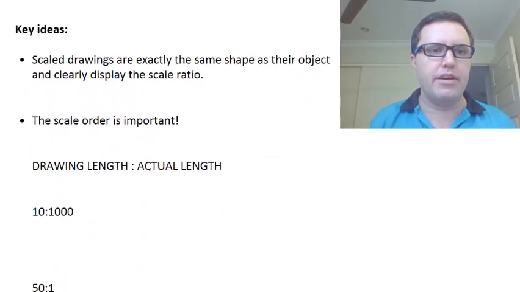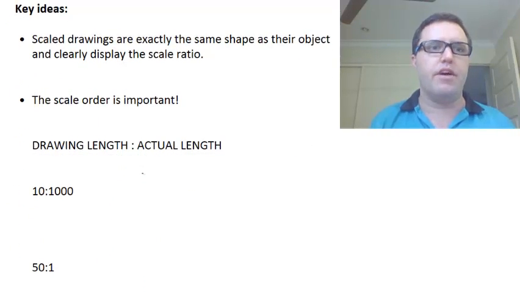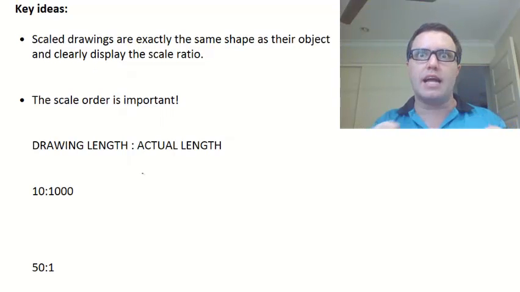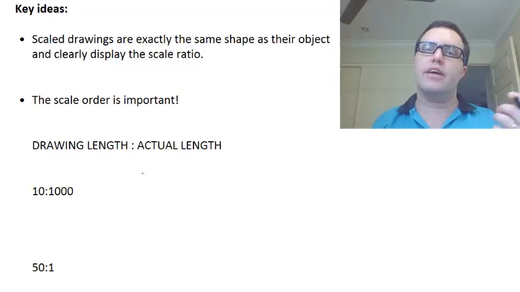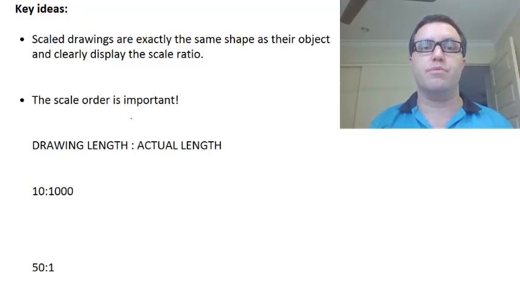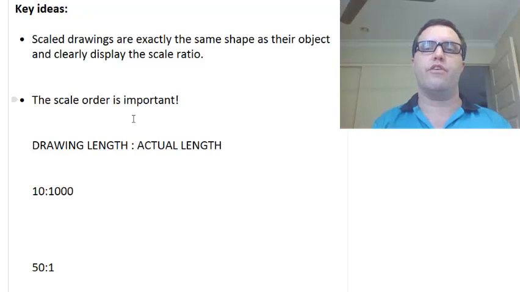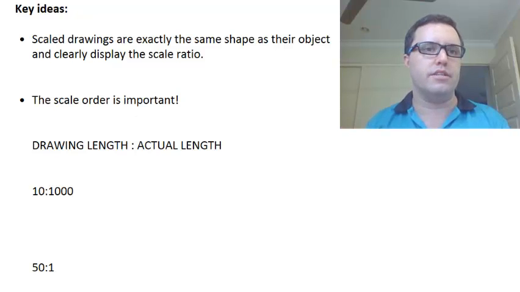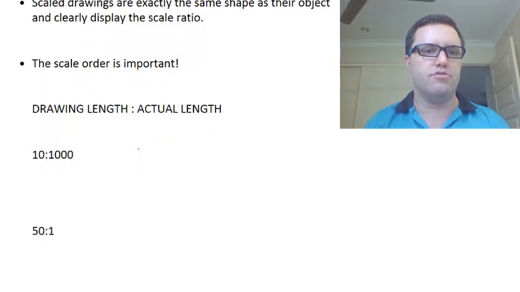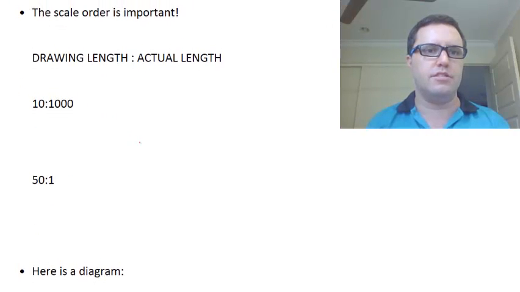Okay, some key ideas to think about. First, scale drawings are exactly the same shape as their object, and they clearly display the scale ratio on them, which is pretty important to note. Another very important thing is that the scale order is very important. Our scale order is that the drawing length needs to be to scale to the actual length. So 10 is to 100.